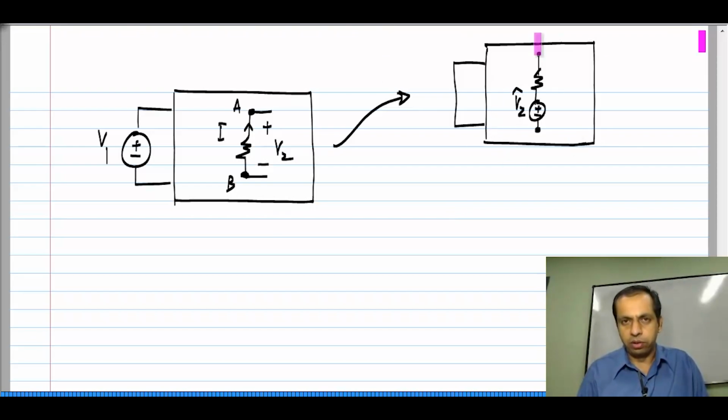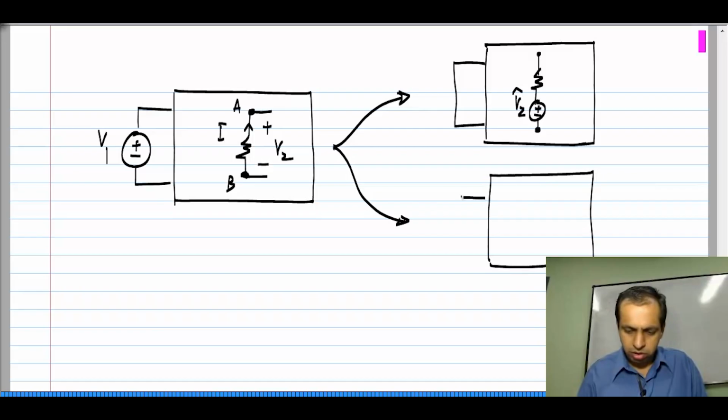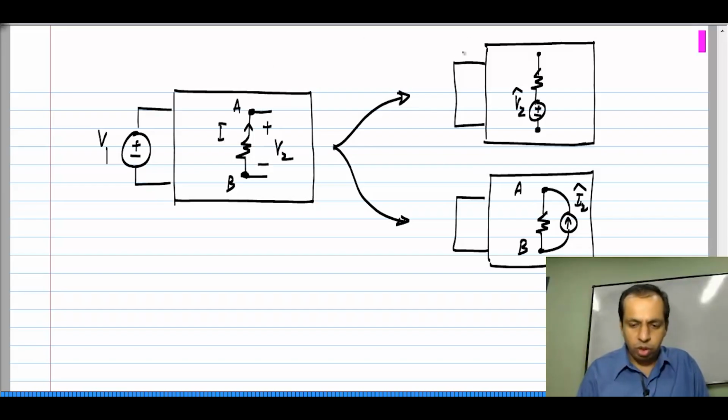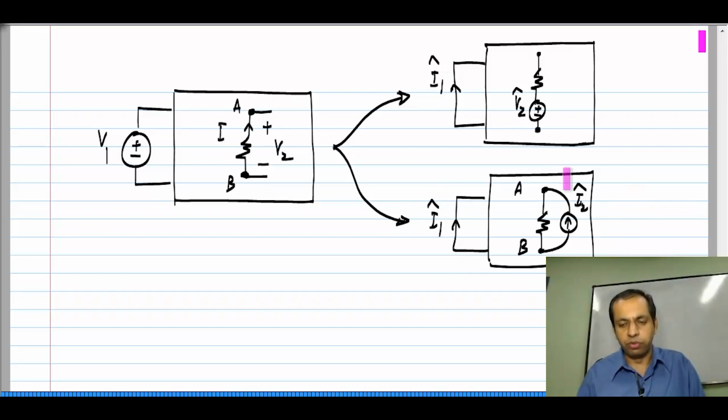let us say you have this scenario or an alternative scenario where I still have a short circuit where the voltage source was, and between A and B I have a current source in parallel. Let me call that I2 hat, and I want to know how much current flows through this I1 hat here. Now, I do not need to solve for this circuit again. I can use reciprocity from this one to get these results.